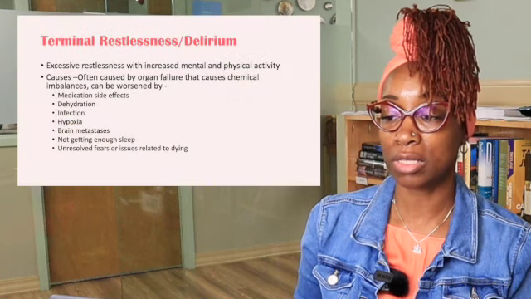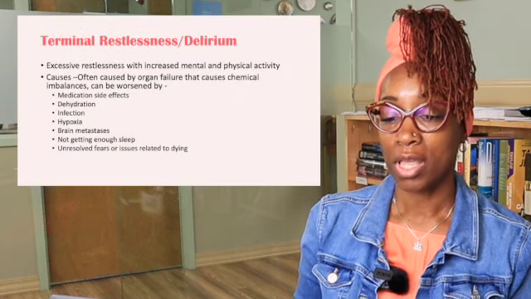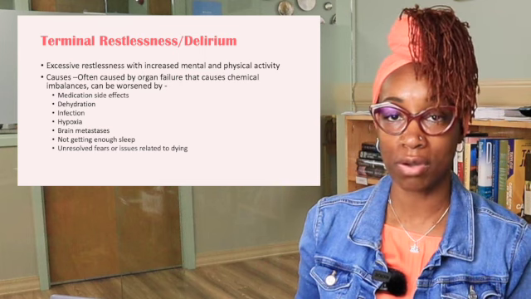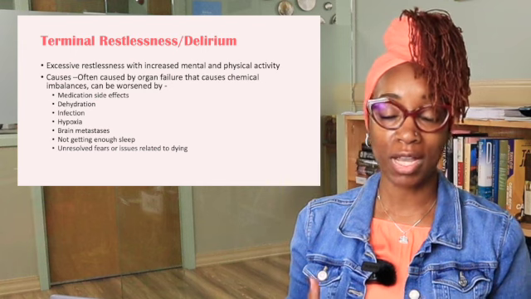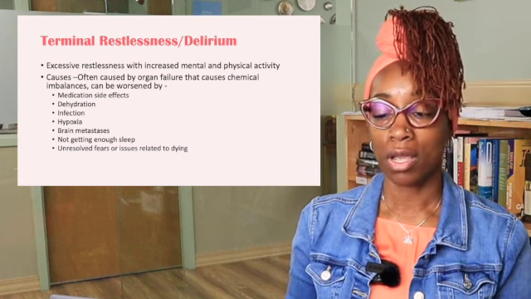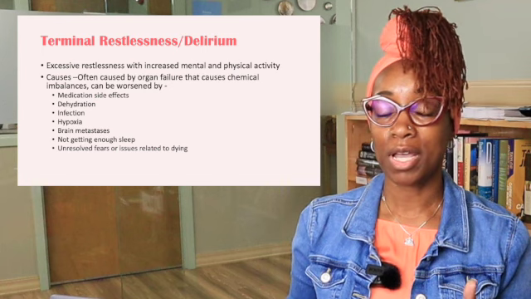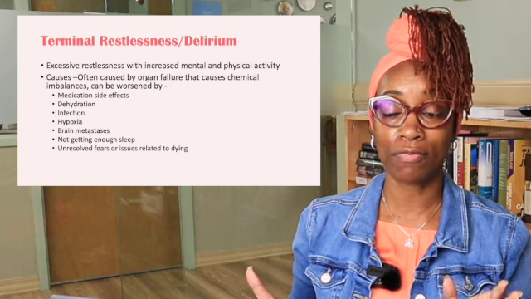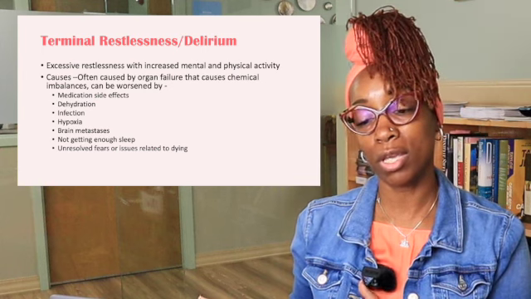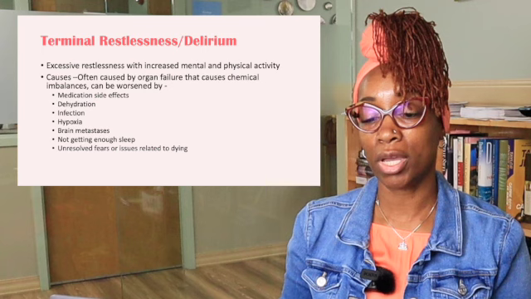So the next symptom, which many of you have experienced with a lot of our residents, is terminal restlessness or delirium. This is excessive restlessness with increased mental and physical activity. So when they're constantly in and out of the bed, trying to climb out of the bed, sometimes there can be falls involved because they don't realize they're too weak to get out of bed.